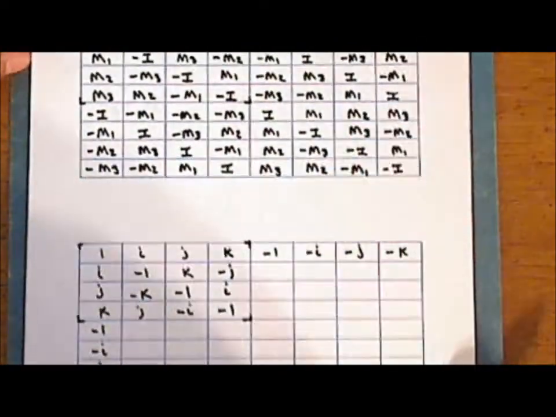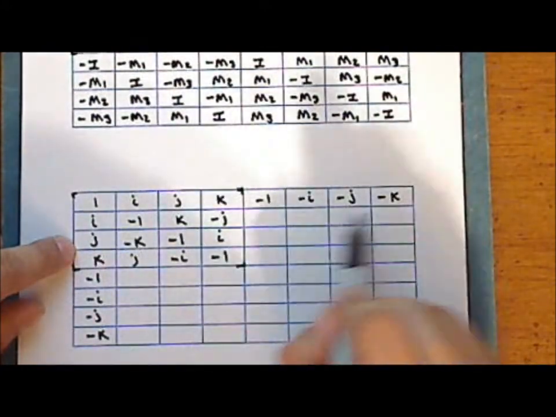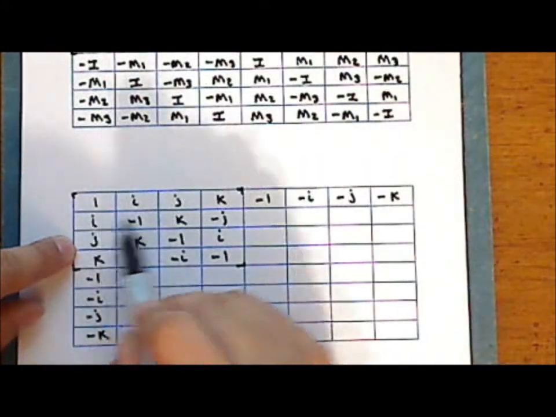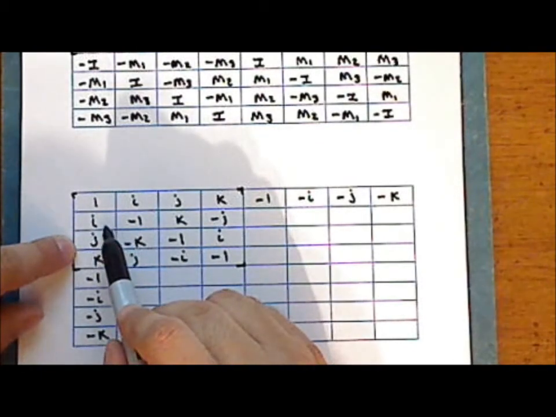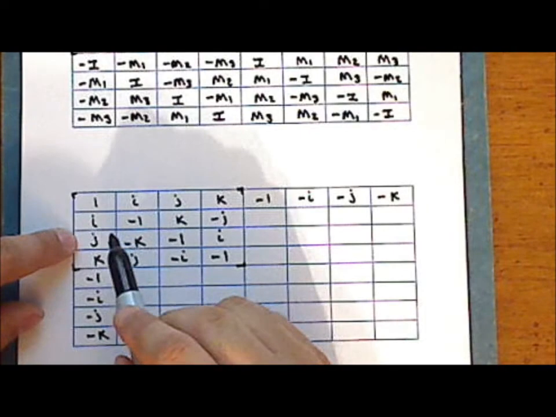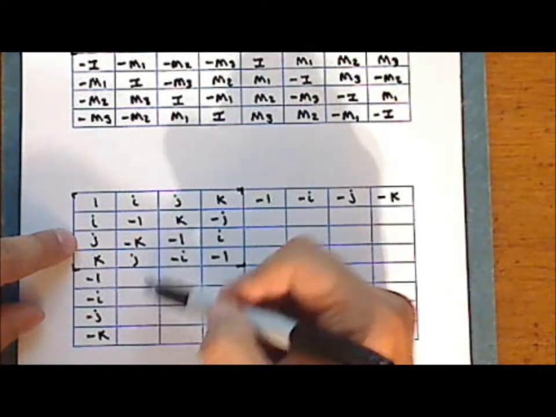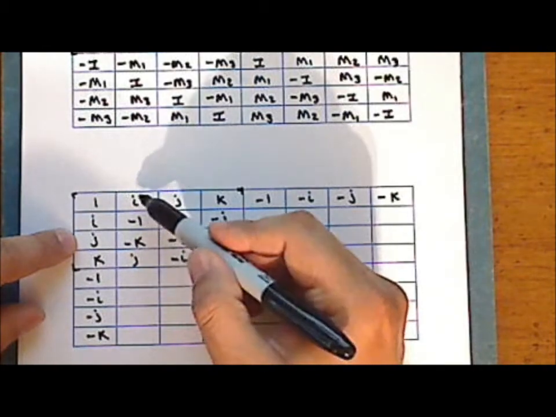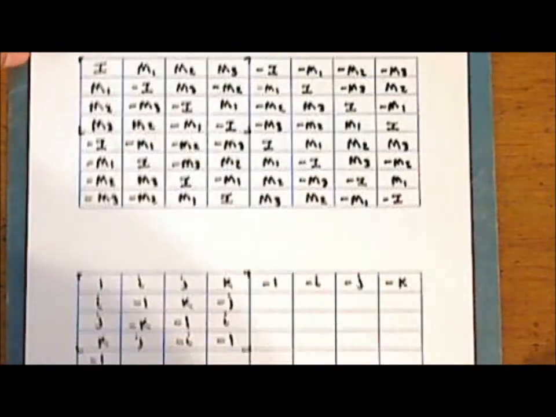And so just as in that Cayley table, we're going to complete the Cayley table by filling in the rows, by multiplying the corresponding entries preceding in the same row by negative 1. And we're going to fill in the columns by multiplying the preceding elements by negative 1. And so the two tables are identical.